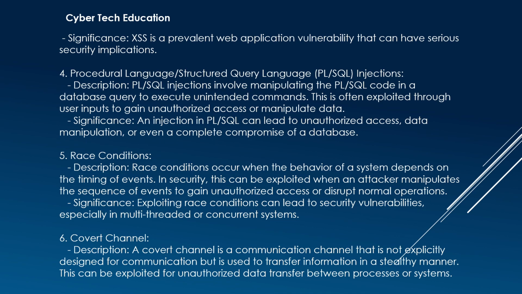Race condition. It occurs when the behavior of a system depends on the timing of events. In a system, this can be exploited when an attacker manipulates the sequence of events to gain unauthorized access or disrupt normal operations.